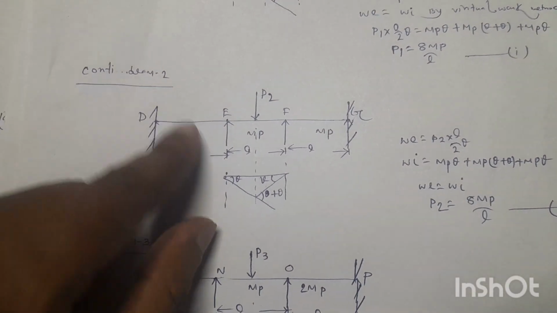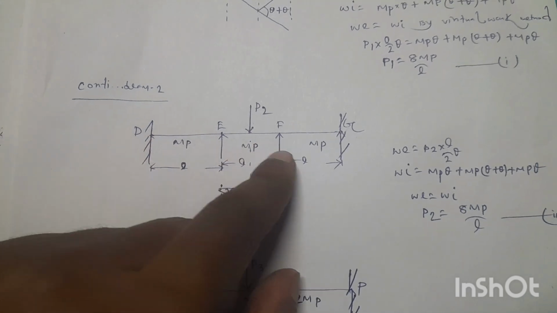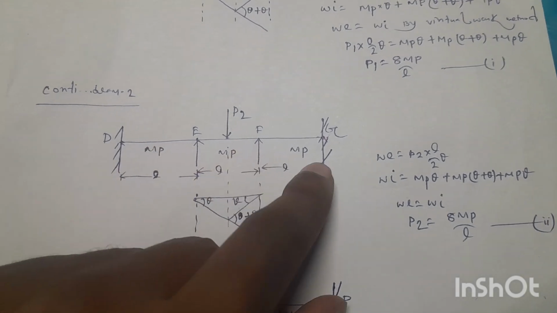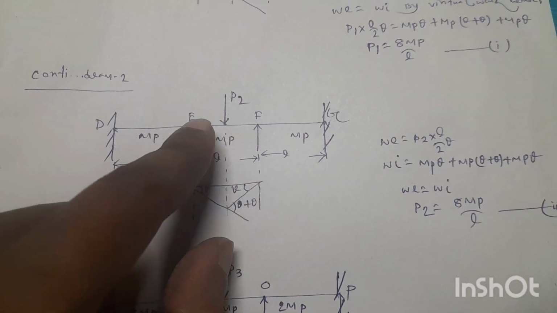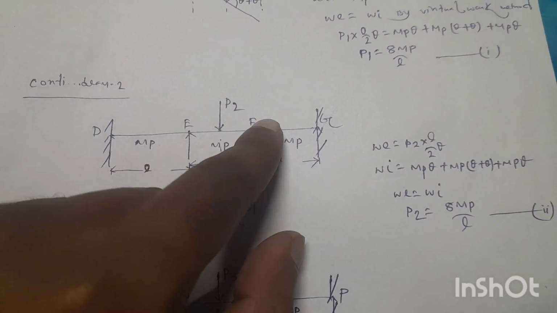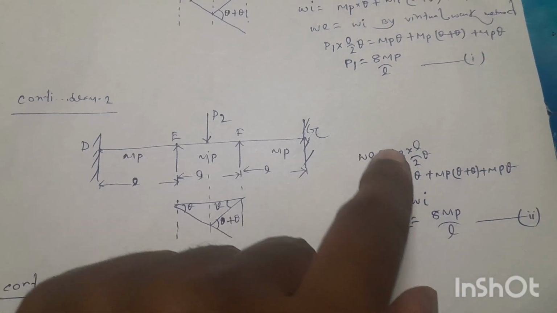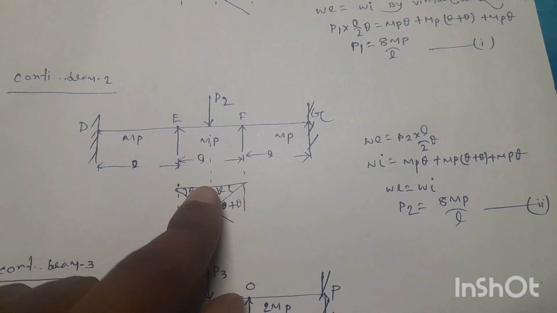Similarly for continuous beam 2, DEFG, all the spans have a plastic moment capacity of MP. If we draw the beam mechanism, the plastic hinge will form at E and F and at the point of loading. So the external work done WE equals load into deflection, L by 2 into theta.